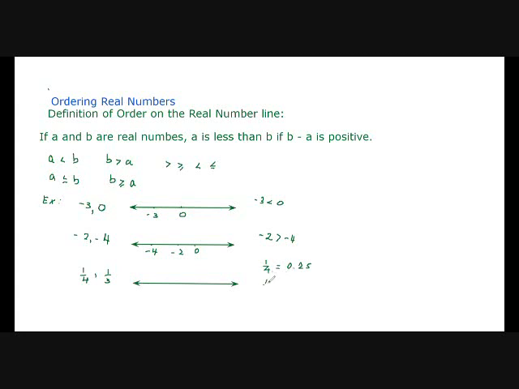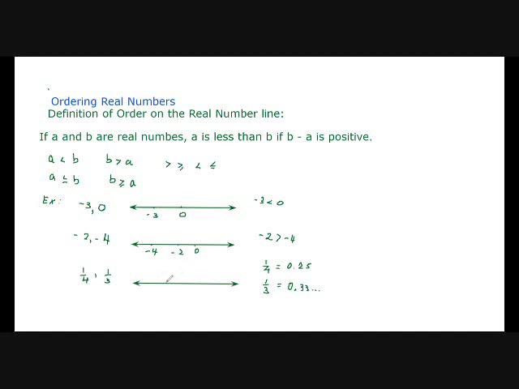And 1/3 is approximately 0.3333, a repeating decimal. This is in the rational numbers, everyone still recall?